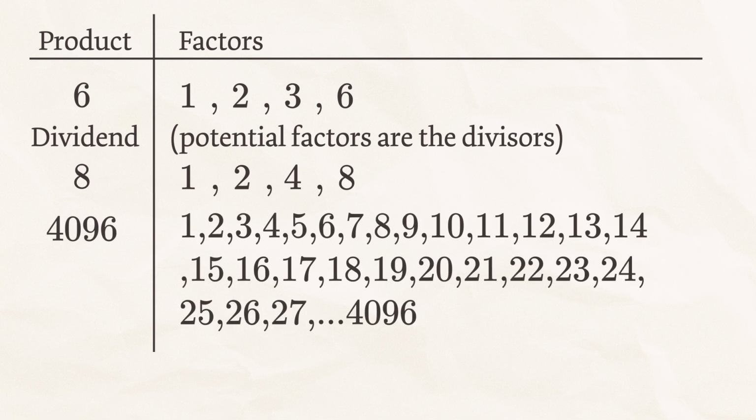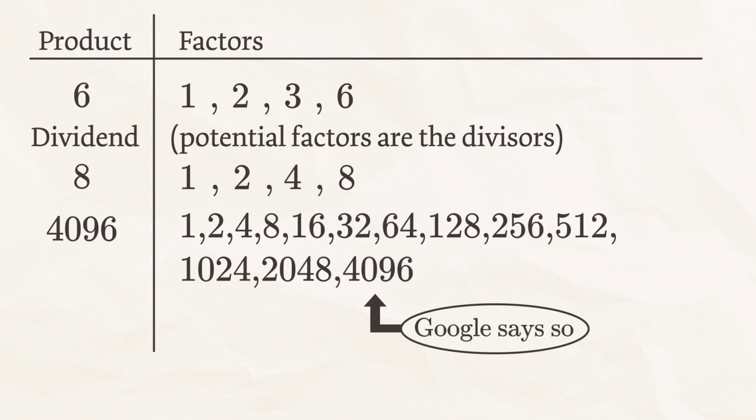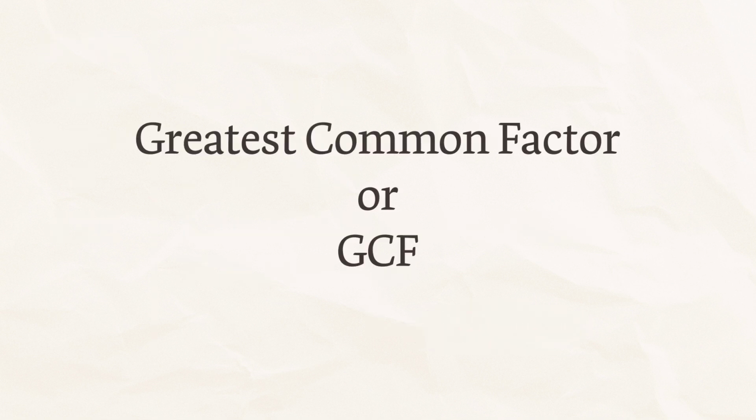But for larger numbers, well, I don't know about you, but I ain't got that kind of time. Calculators often have a function that will give you the factors of a number, as do most spreadsheets. Personally, I just ask Google, which can sometimes be very helpful that way. Your results may vary. So, factors, yeah. Where were we? Oh, simplifying fractions.